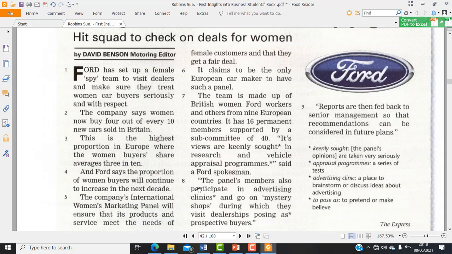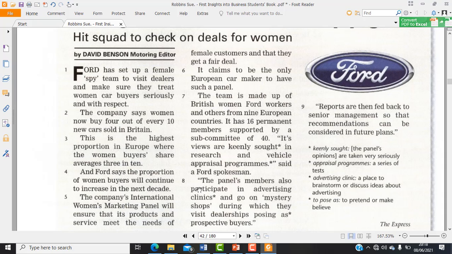Okay? The company says women now buy 4 out of every 10 new cars sold in Britain. Jadi perusahaan itu berkata bahwa wanita itu membeli 4 dari setiap 10 mobil baru yang dijual di Britain. Wow, this is very interesting because women are more interested in buying cars gitu loh.